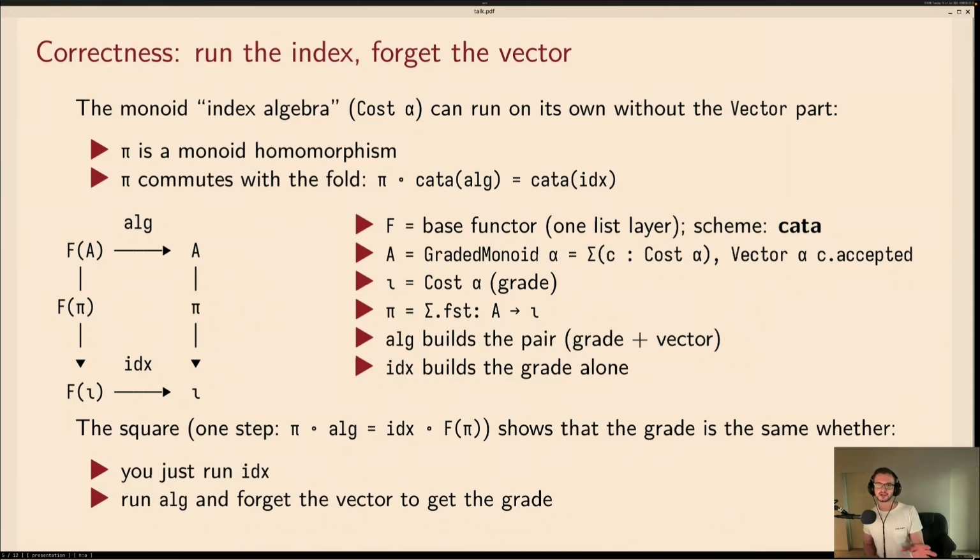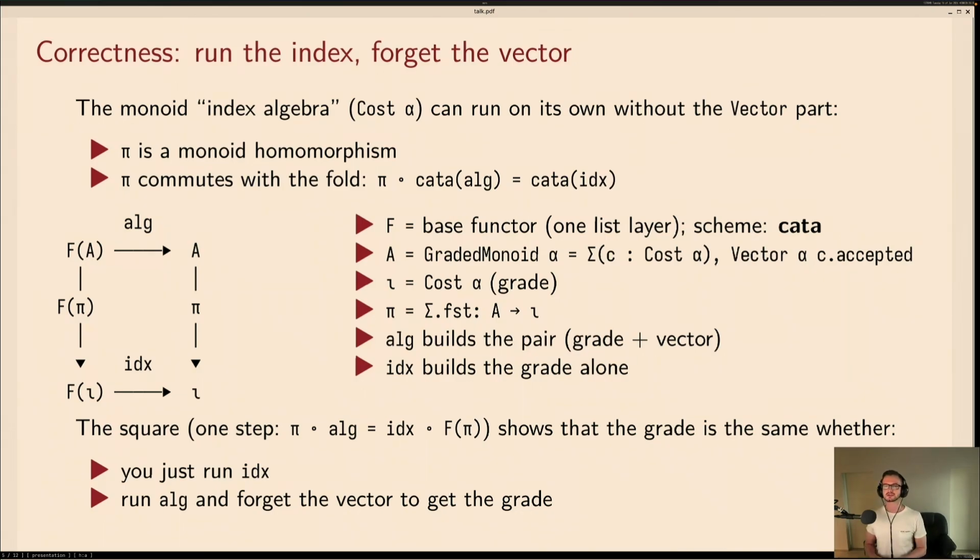From the square, if you have a base functor f, in our case just list, and some scheme like a catamorphism, you can take the projection, the first part of the graded monoid, which is the pair, to get from fa to f pi, and from there get to the cost thing, and land on the grade of your computation. But you should also be able to land on the same exact thing if you run both of those things at the same time.